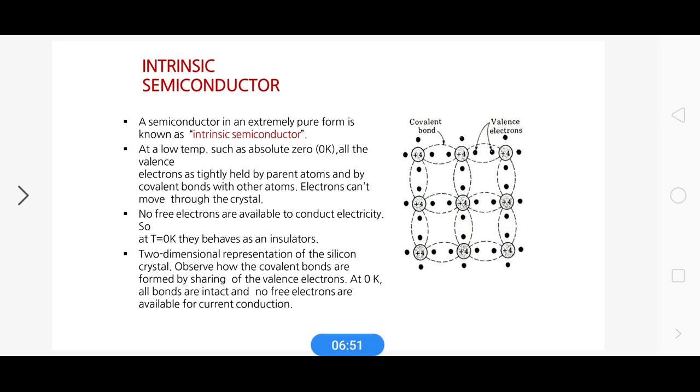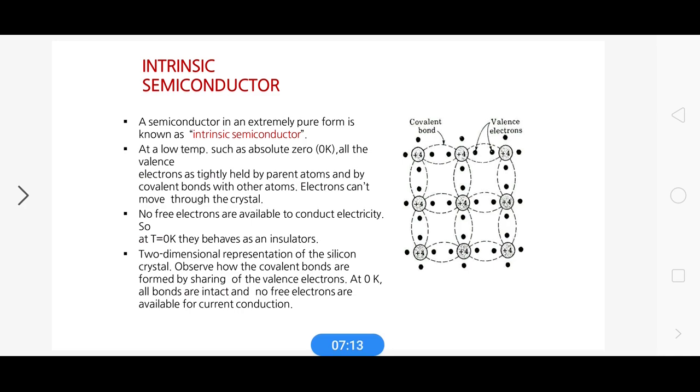These electrons are very tightly held by the parent atoms through covalent bonds, and the electrons can't move through the crystal. Why? Because they are tightly bound in the covalent bond. So no free electrons are available to conduct electricity.